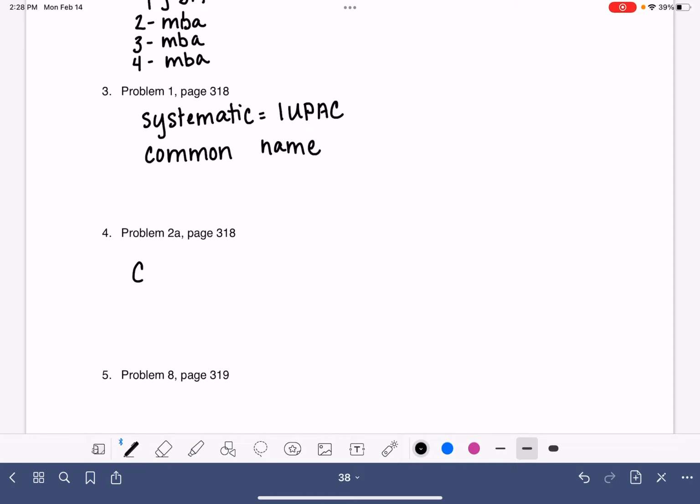It's going to be easier if you write this in a molecular formula, not as the line structure. Your textbook has it written as the line structure, with this sort of notation on it, C3H5. It's going to be much easier if you instead write how many carbons, how many hydrogens, and how many oxygens there are in this molecule.